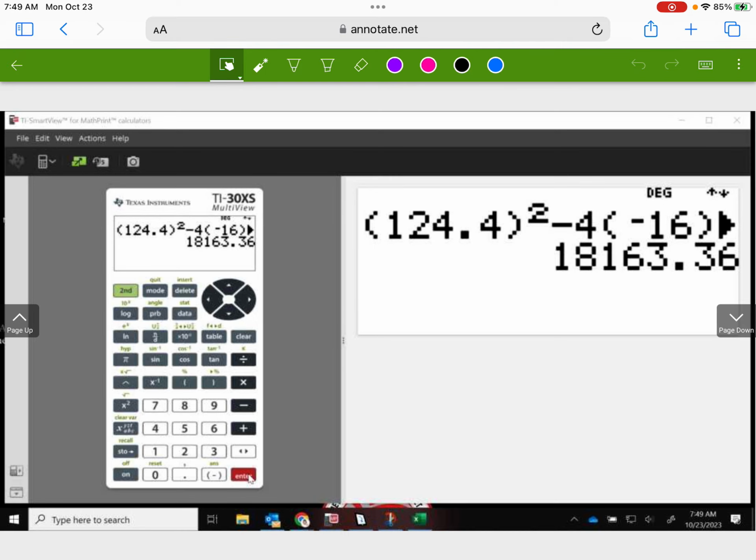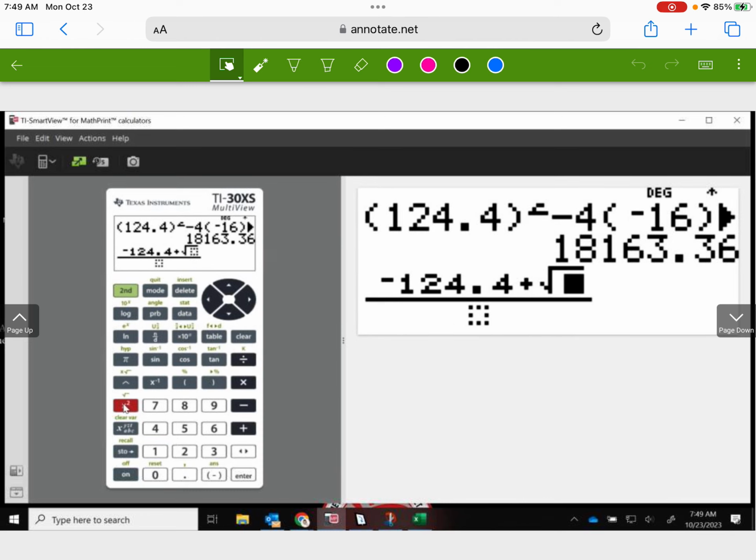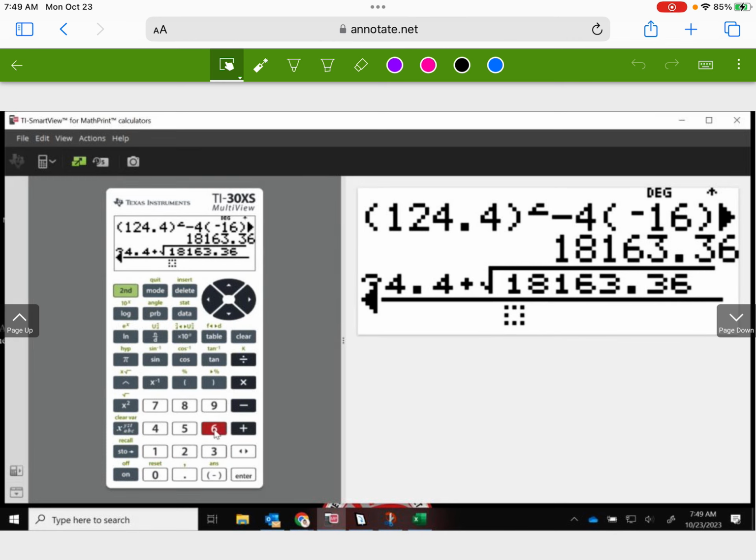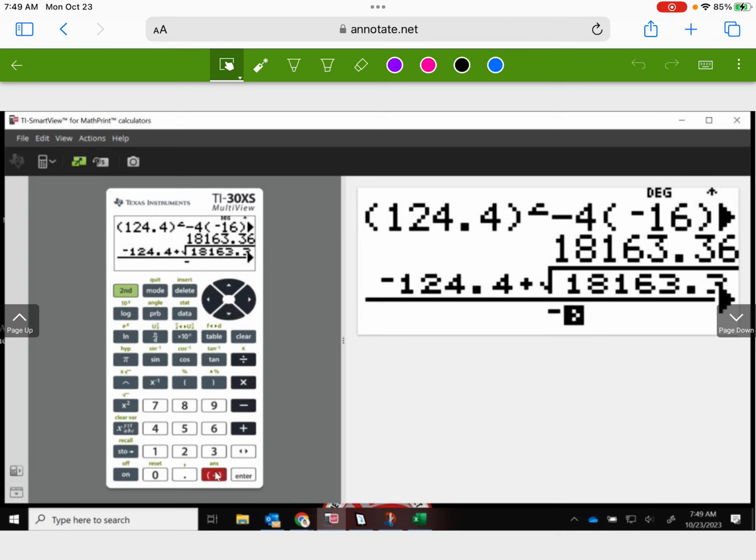So I'm going to go back to my calculator, and I'm going to do my fraction, second column, third one down. Negative 124.4 plus the square root of that hot mess, 18163.36 over negative 32.